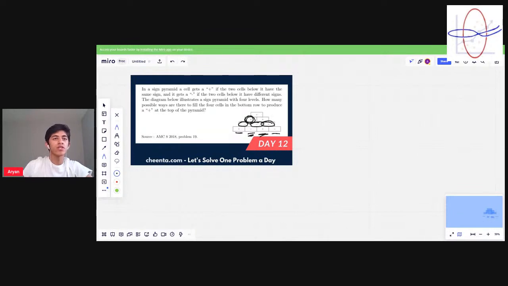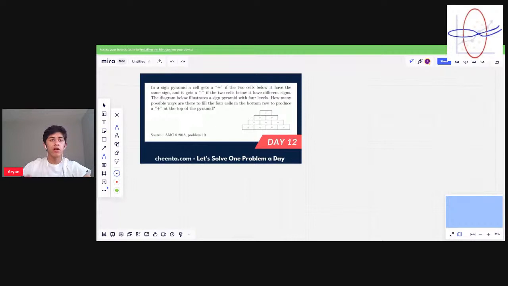And now the question is, how many ways can we add a plus or minus in the bottom 4 cells so that the top is a plus? There's a couple ways we can approach this. The first is just to brute force it. There aren't too many possibilities.